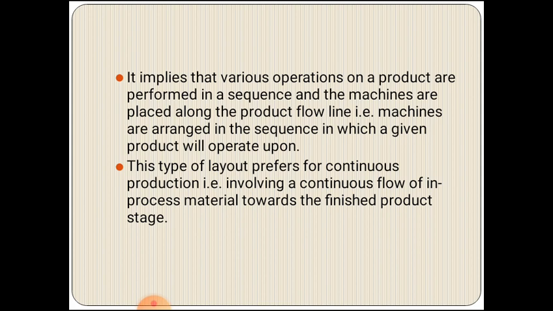In intermittent production there are some intervals, but in continuous production the process completes without any intervals. That's why it is called a continuous production process. The layout we are discussing today is useful for the continuous production process.